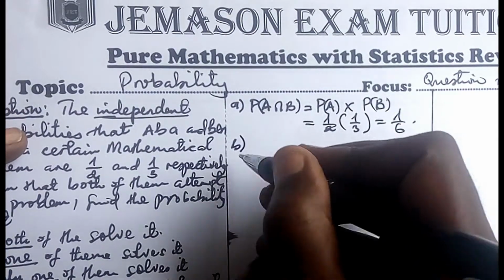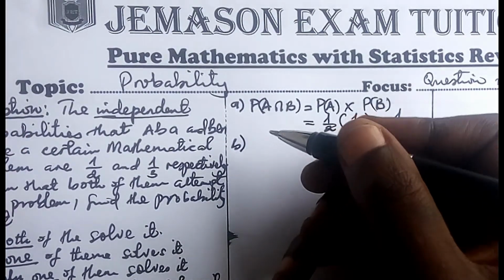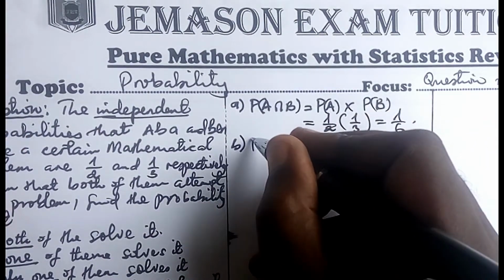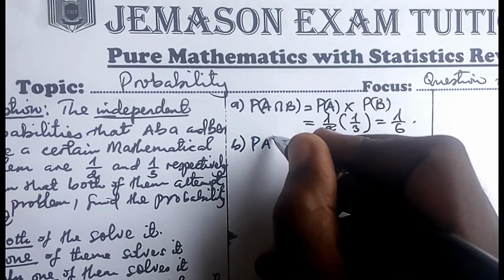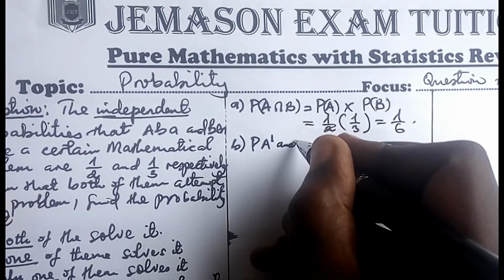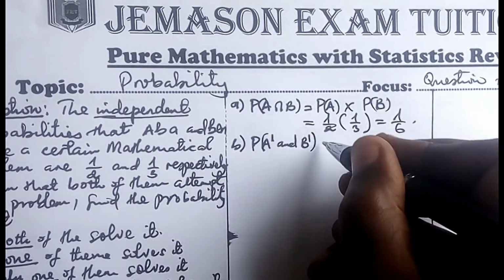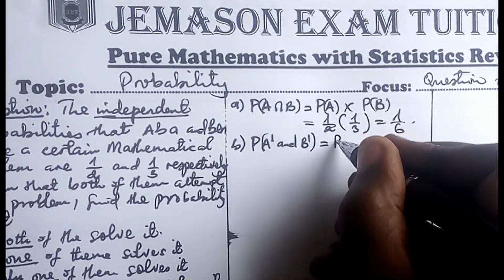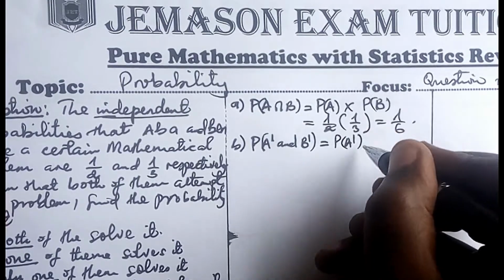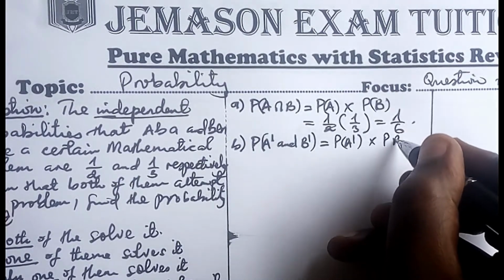In the B part, none of them will solve. It's the case where Abba fails to solve and Ben also fails to solve. And this is simply P of A prime times P of B prime.